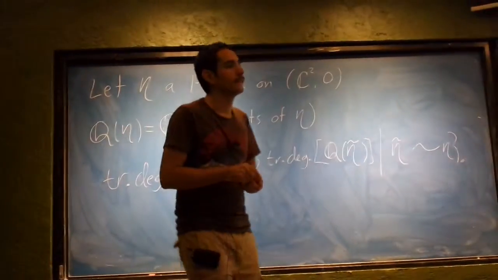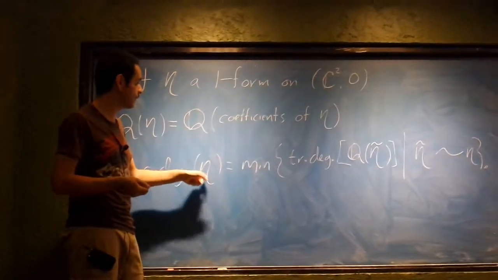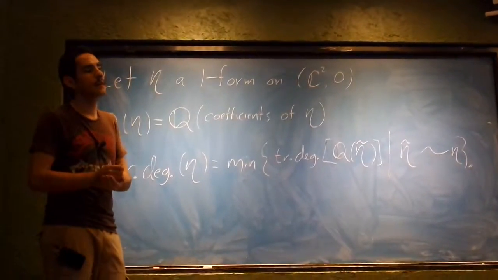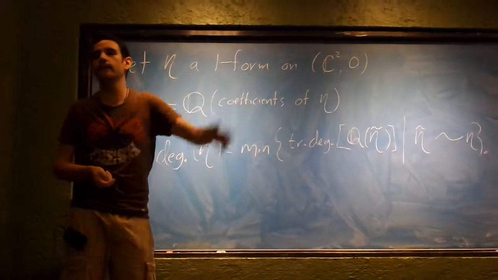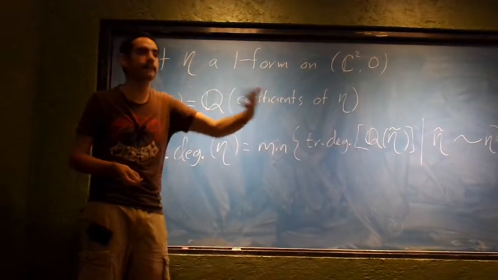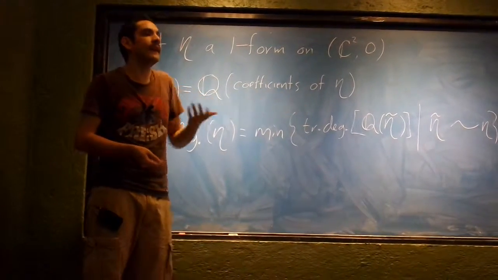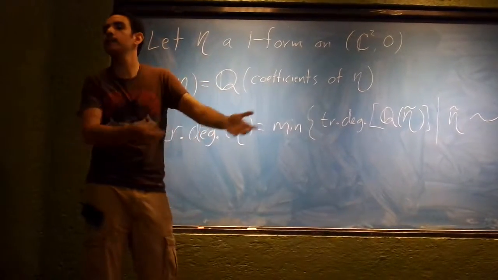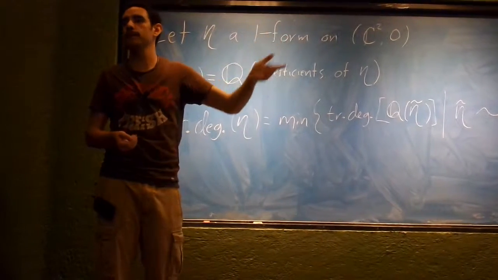Also, this definition of the transcendence degree of a one form is just a technical definition to be able to state the theorem better, and it looks very transparent. I think it's a good way to communicate to the listener why that one form defines a foliation which is not algebraizable.